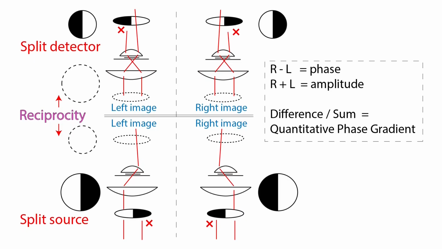If left is added to right, phase detail is suppressed to give an amplitude image. If the subtracted image is divided by the summed image, a so-called quantitative phase gradient image is achieved.